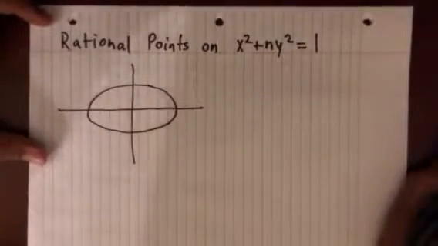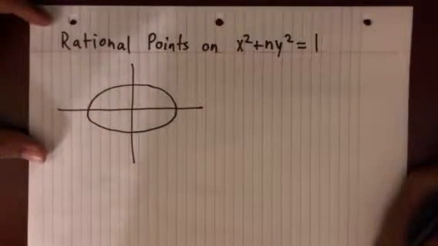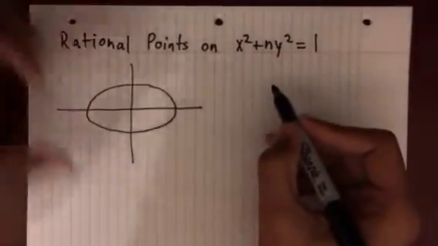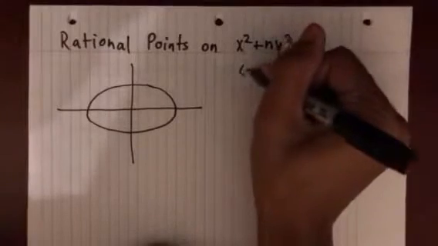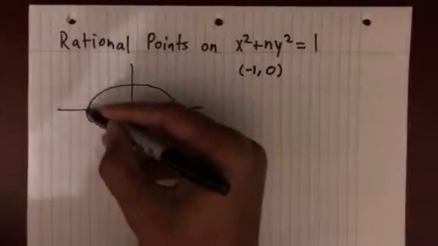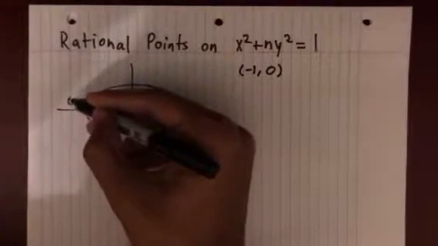And so we can use the same methods we use for the circle. We can immediately see that one of the solutions is negative 1, 0, and we pick negative because it's more convenient for our slope. So that's over here.